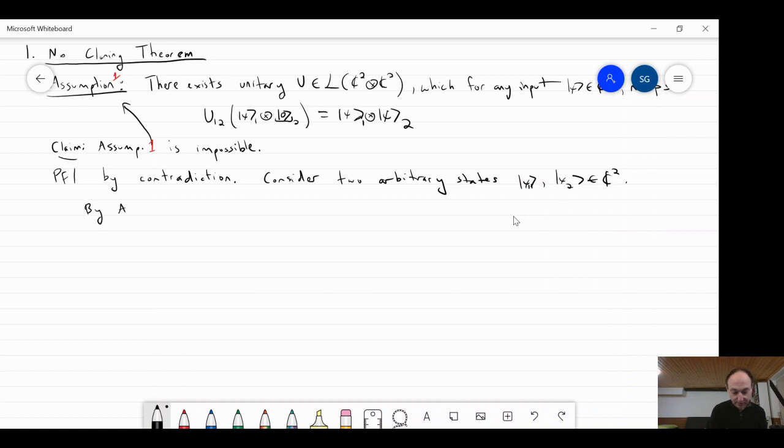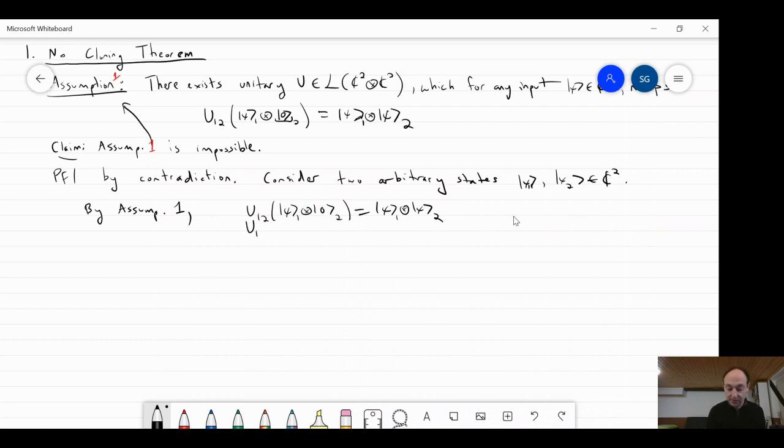So by assumption 1, right, I know two things. I know that if I take U12 and I apply it to psi on 1, tensor 0 on 2, I end up getting psi tensor psi on both qubits, right?